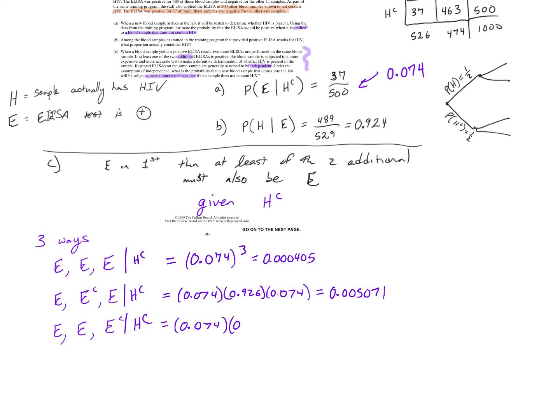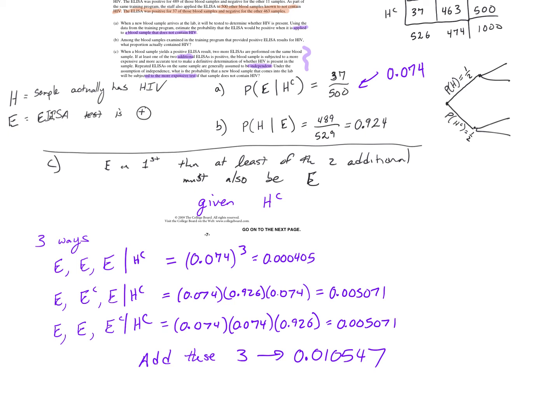Then positive again, 0.074. And then negative, which is way more likely if the sample does not actually have HIV. And that's also 0.005071. We add these three together, and we get 0.010547.